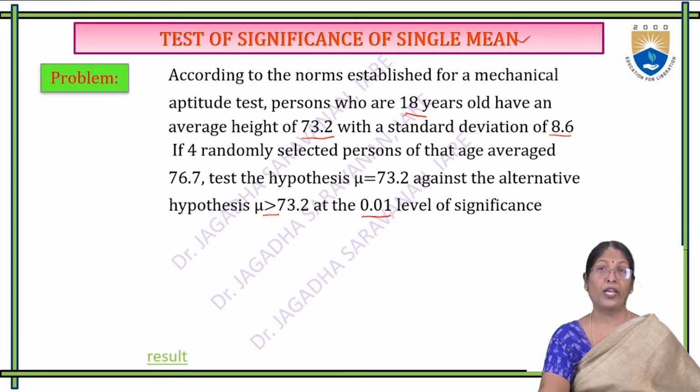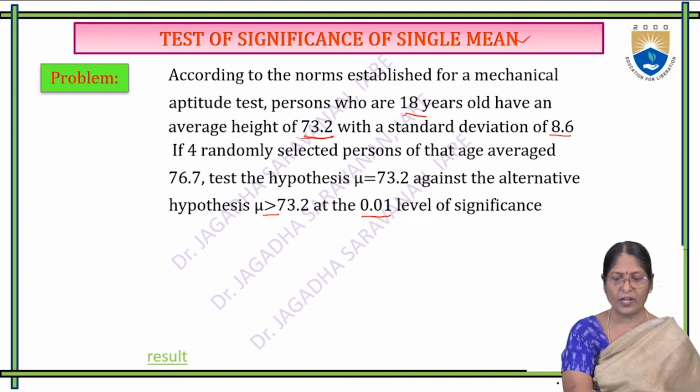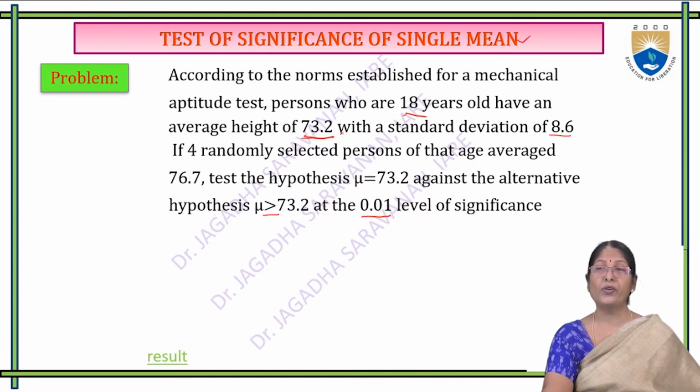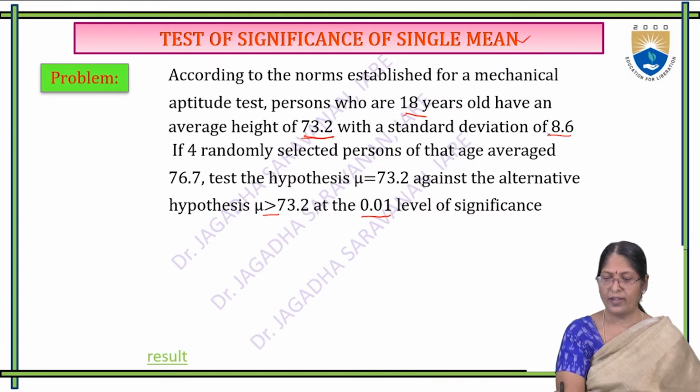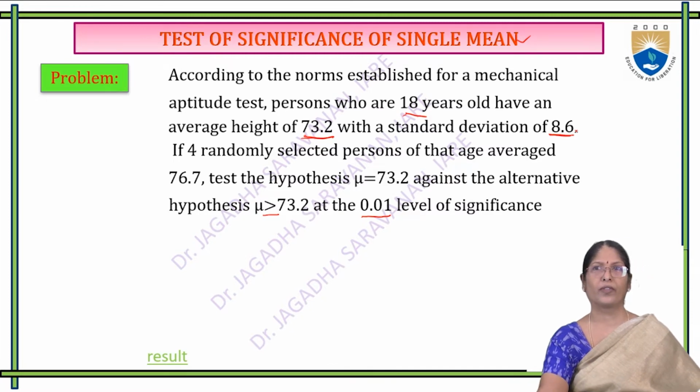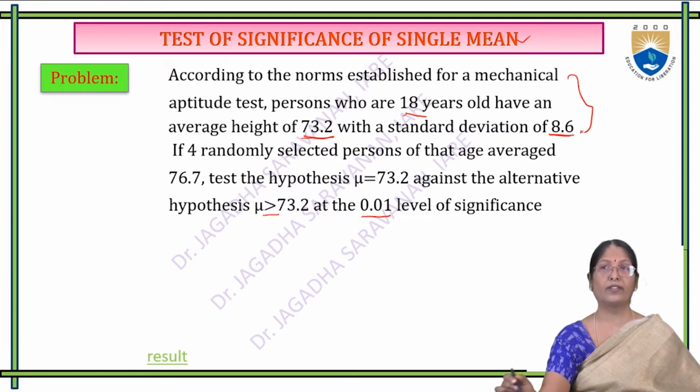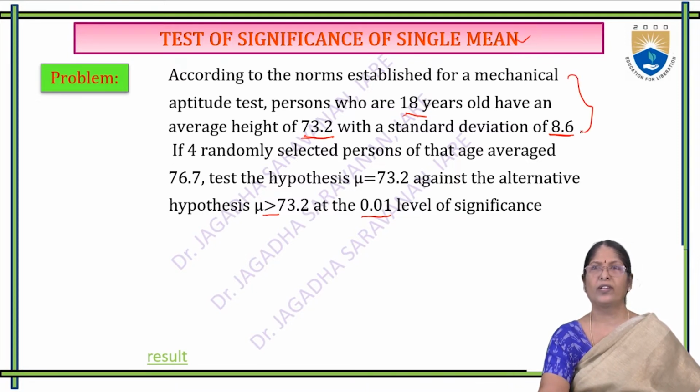So the population mean, the symbol is mu, that data is 73.2. The population standard deviation is 8.6. So about the population parameters, some conditions are given, that is the mean and standard deviation. Up to this point, in the 3 sentences we read, we got some clarity.